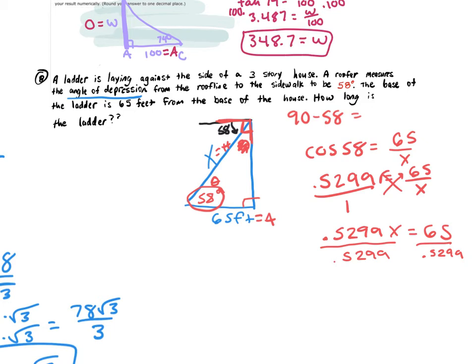So if we divided by 65 here, x would still be on the bottom, so that wouldn't work. So 65 divided by 0.5299 is 122.66.